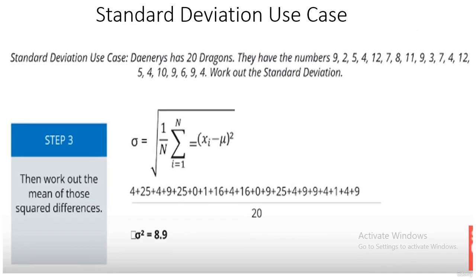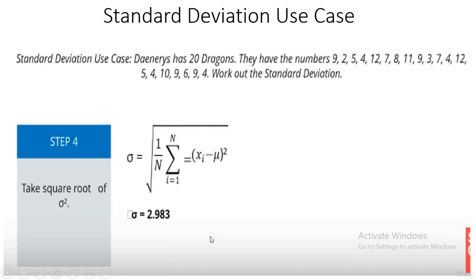Okay, in step 3, we work out the mean of those squared differences. That means 4 plus 25 plus 4 plus 9 and so on, divided by 20. So our sigma squared, if we calculate, is 8.9.